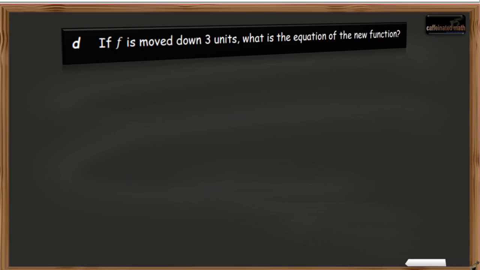Right, if f is moved down 3 units, what is the equation of the new function? So let's remember that f of x is equal to x squared minus 9 over 4. Well, for the new equation, we're going to have x squared minus 9/4 minus 3.